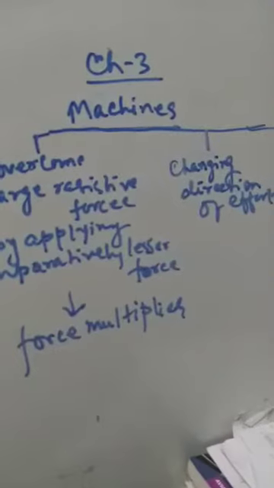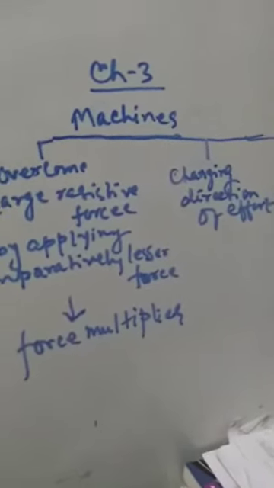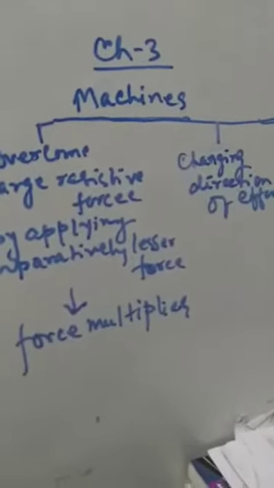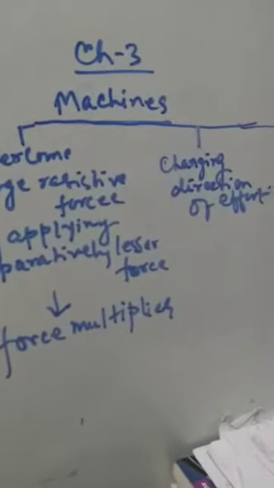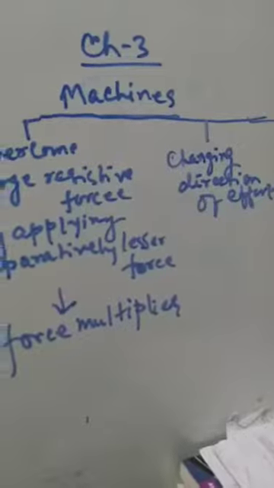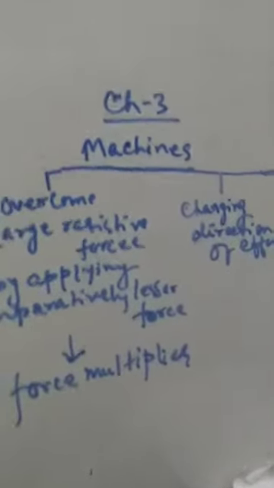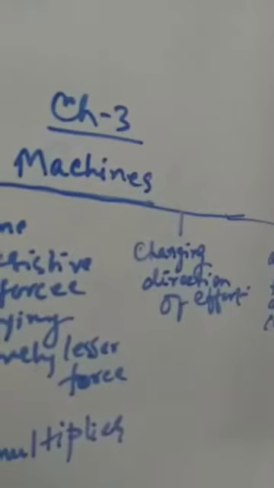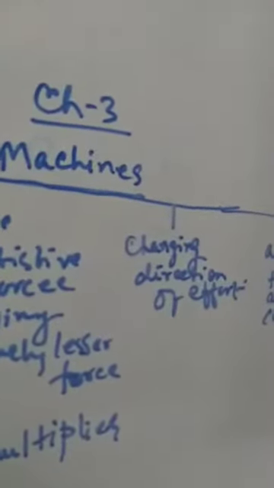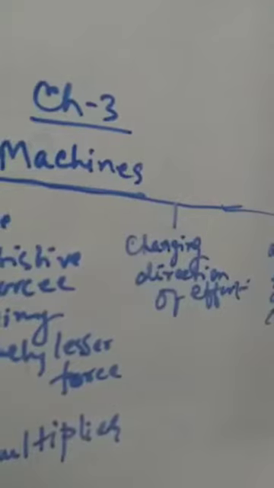Then in changing the point of application, like the rear wheel of the cycle is rotated by the paddle. The paddle is applied somewhere else, so you are applying the force at the paddle, which is not on the rear wheel. If you fit the paddle on the rear wheel and try to rotate it, you have to apply much greater effort, and it is difficult.